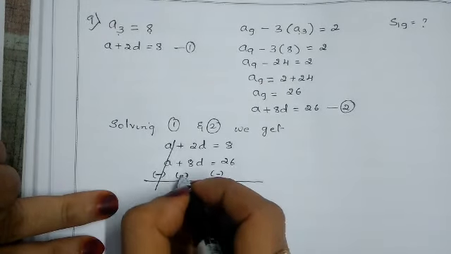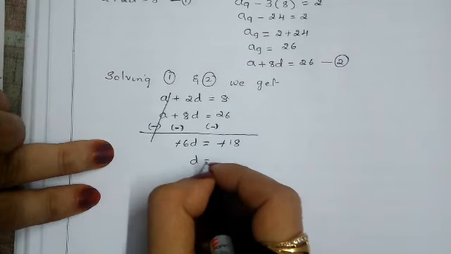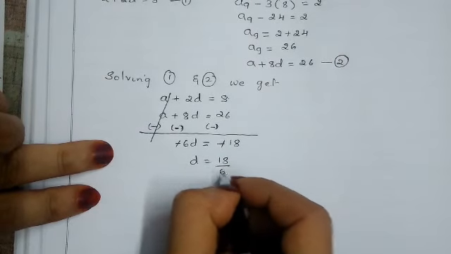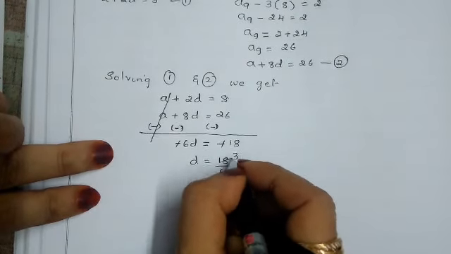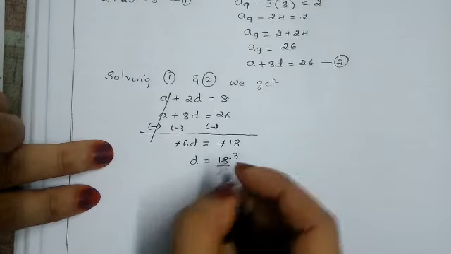But the greater number is 8 and 8 has negative sign, so it is equal to 26 minus 8 which is 18. Greater number is again 26, so minus 18. Minus gets cancelled. d is equal to 18 by 6. 6 1s are 6, 6 3s are 18. What we got? We got the value of d as 3.